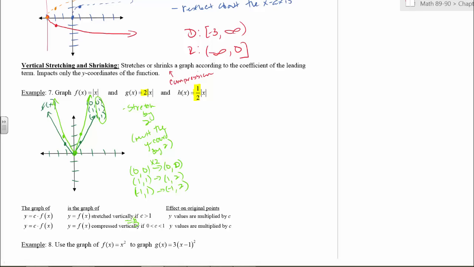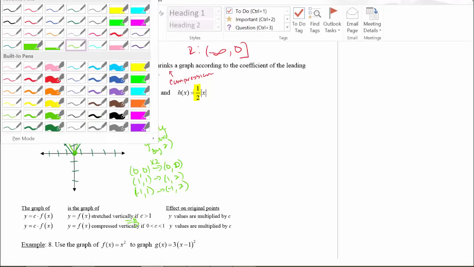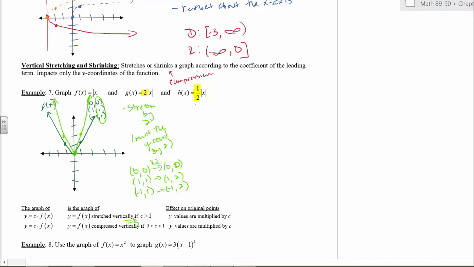And then similarly with the 1/2, it's going to be the same idea. With this guy, you're going to shrink or compress, it just depends on the textbook, by 1/2. That's because this is a number less than 1. Again, ignoring the signs. The negatives just tell you to reflect. So that means I'm going to multiply the y-coordinates by 1/2.